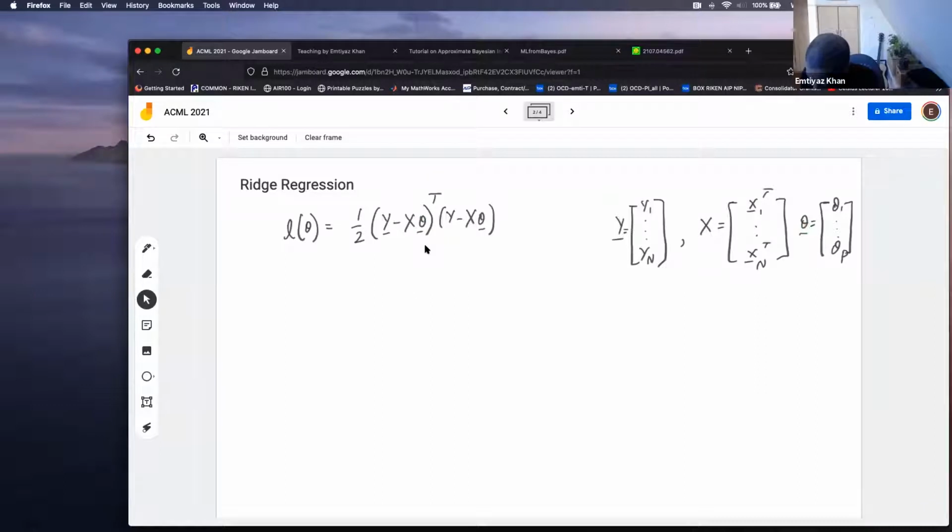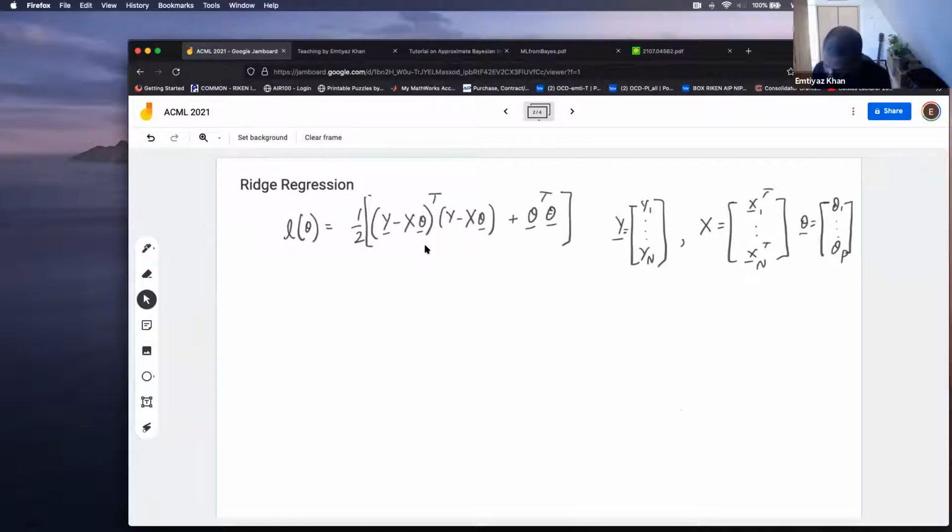And what we can do now is add a small regularizer here. So let's just use ridge regression. It's theta transpose theta, and maybe there's a half in front of everything.